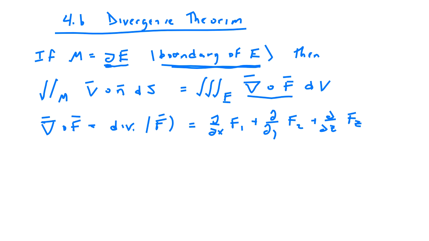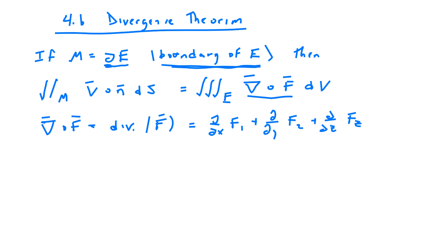So this is somewhat an extension of Green's theorem. So here the idea is, suppose we have a three-dimensional solid, E, and the boundary of that is M, so the two-dimensional surface. So here think of E, let's make it a fairly simple one that we can think of.